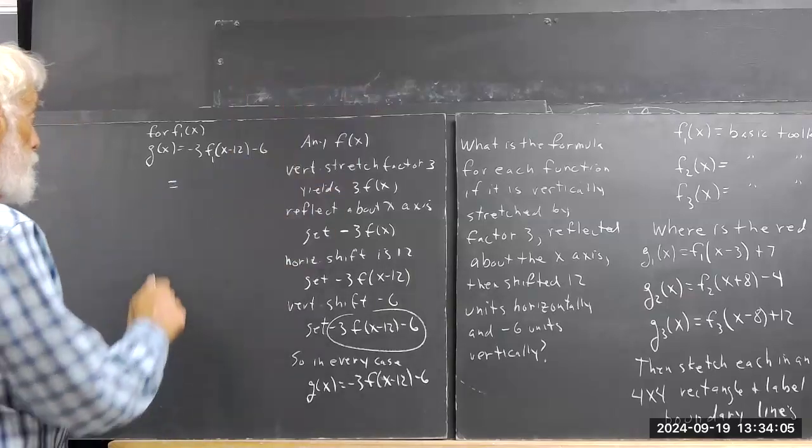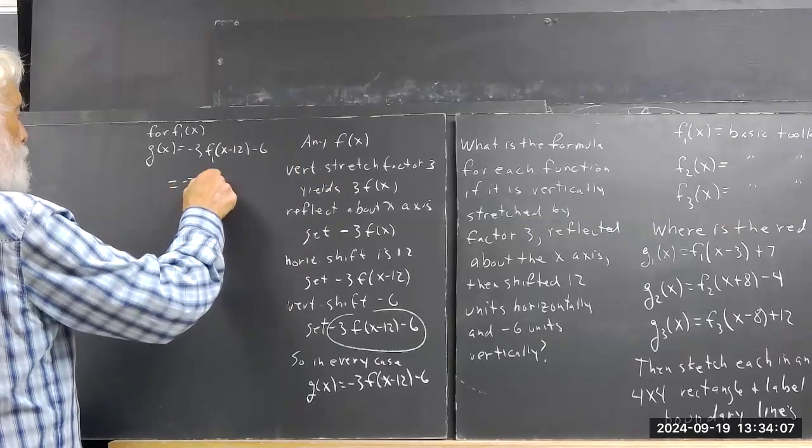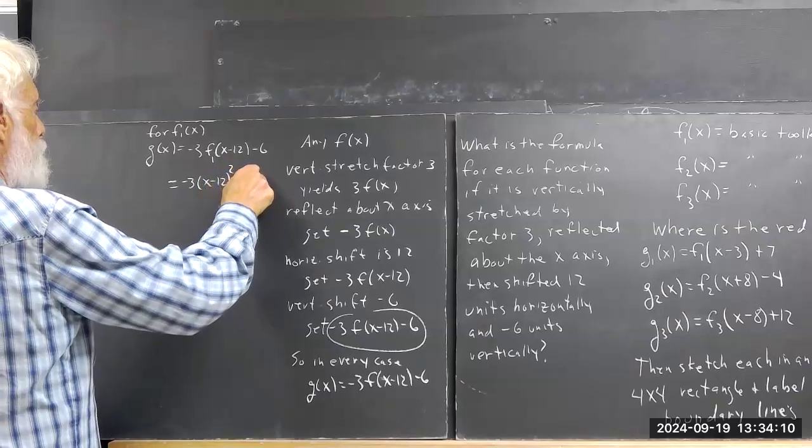f1 of x is x squared. That's negative 3 times x minus 12 squared minus 6.